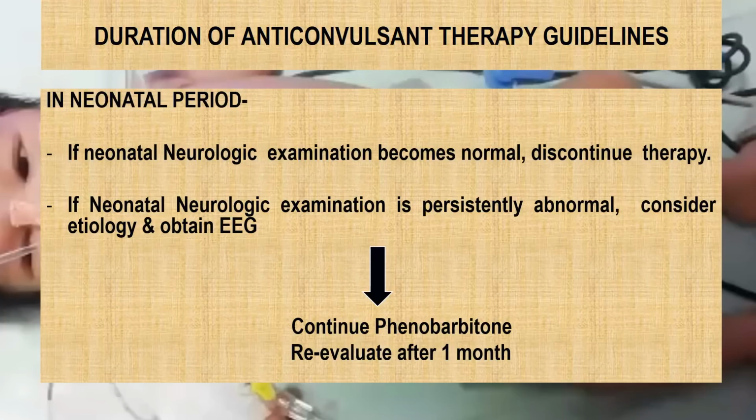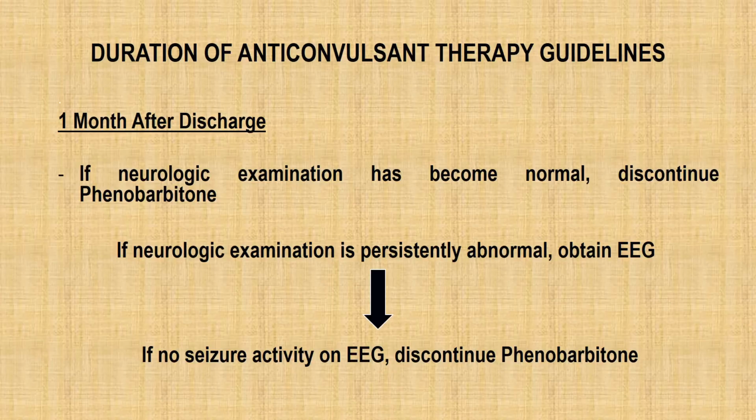And if the EEG is abnormal, we can continue the phenobarbital up to 3 months of age. One month after discharge, again a neurological examination has to be performed, and if it is normal, we can discontinue the phenobarbital. If the neurological examination is persistently abnormal and the EEG is also suggestive of some seizure activity, then we can continue the phenobarbital. If there is no seizure activity on EEG, then we can discontinue the phenobarbital.